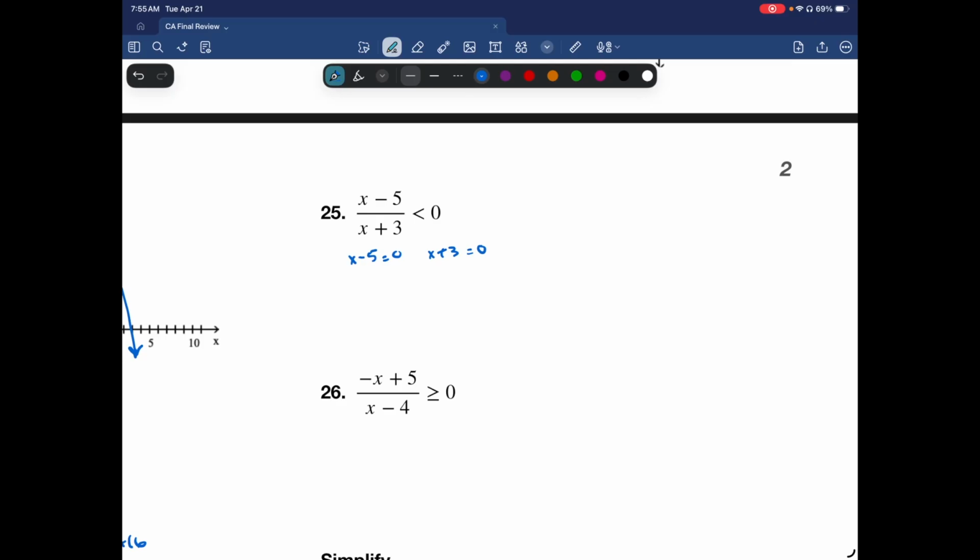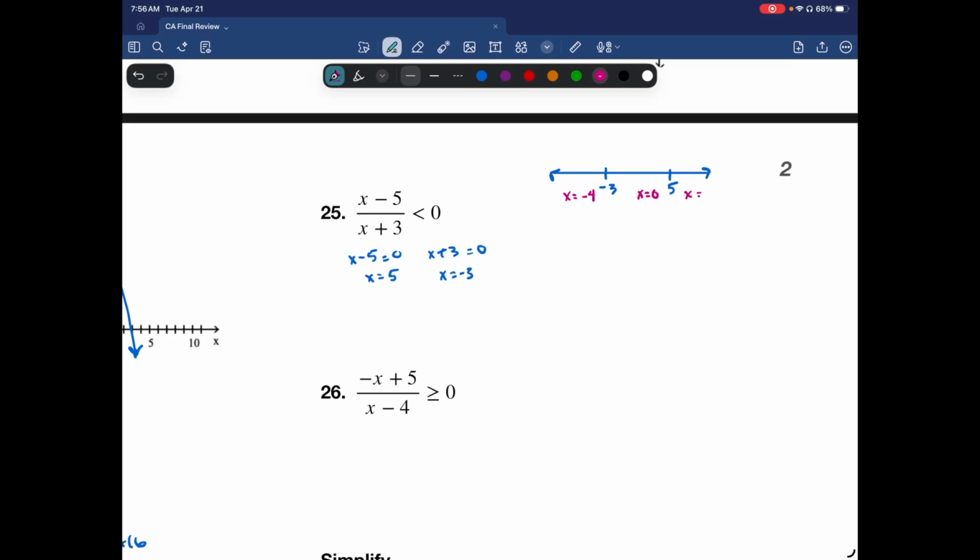So x equals 5 and x equals negative 3. Set both equal to 0 to find your critical points. I draw my graph, and I get negative 3 on the left, 5 on the right. Here's where things are different from before. I'm going to pick a number in each of these sections. So let's say x equals negative 4, x equals 0, x equals 6.